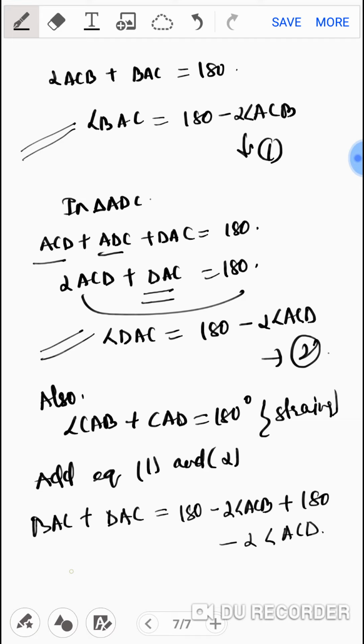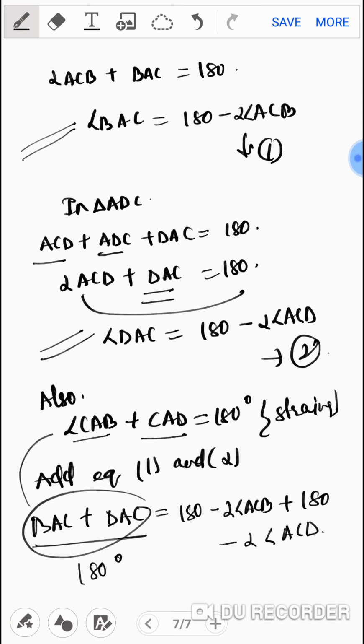From here, BAC and CAD are 180. So can I write 180 is equal to 180 plus 180, that is 360, minus 2 angle ACB minus 2 angle ACD.